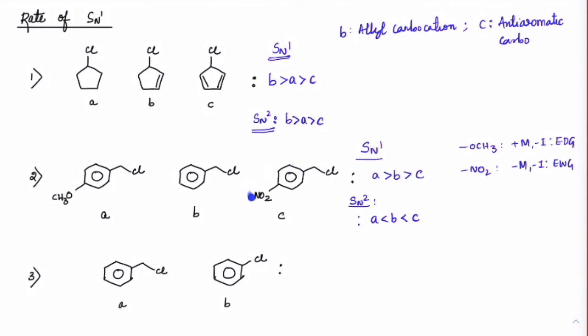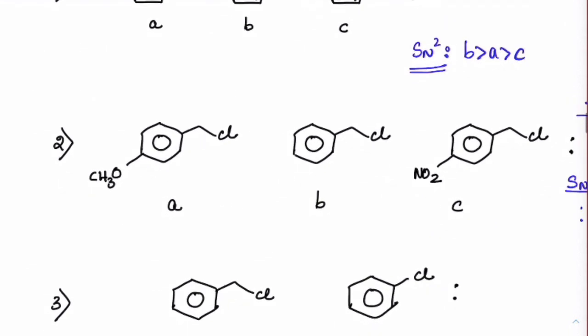When it comes to crowding, this benzylic group, this benzylic group, this benzylic group are almost similar in terms of crowding. So crowding is not an important concern, at least in this question for SN2, because after this beta carbon, this is the alpha carbon, this is the beta carbon. At the beta carbon, whatever the crowding is here, it is the same here, and the same here.